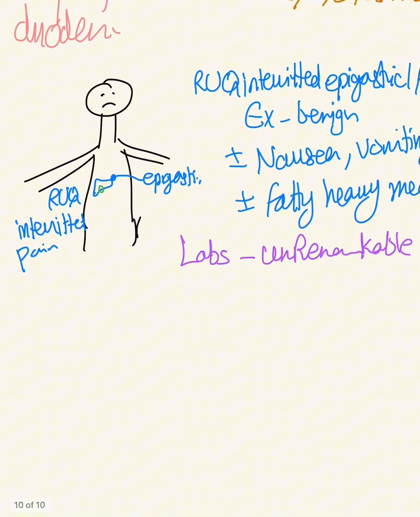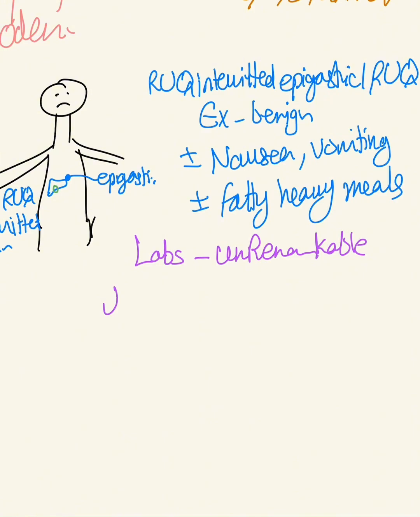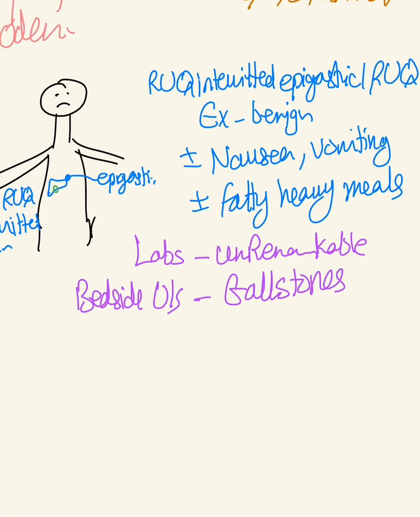So you'd have normal labs, generally speaking. But if we did a bedside ultrasound, most of the time you're going to find gallstones in the gallbladder itself. You could find some thickening of the gallbladder wall, but generally speaking, the gallstones will be there.